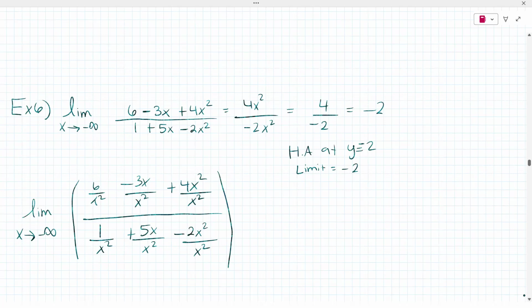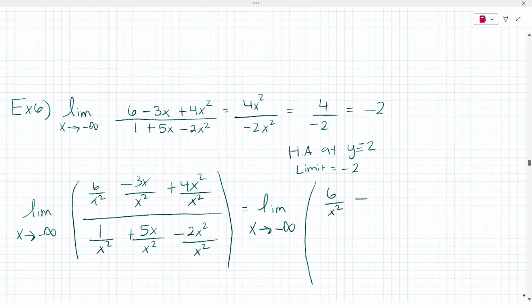Okay, so let's clean this up. 6 over x squared is just 6 over x squared minus 3x over x squared.